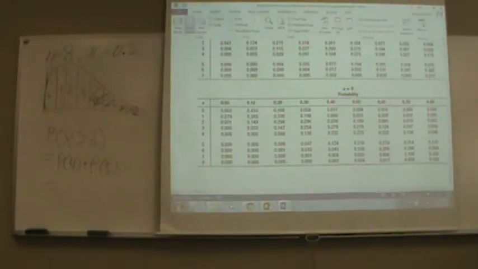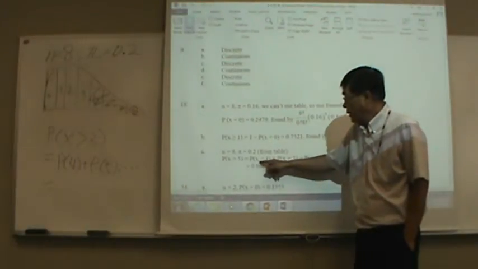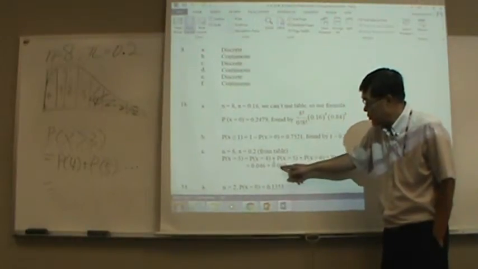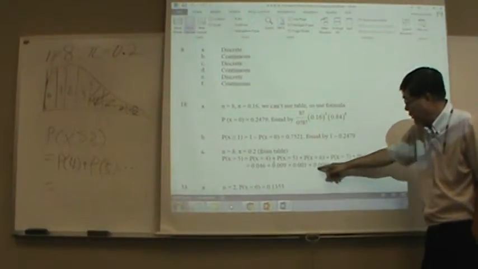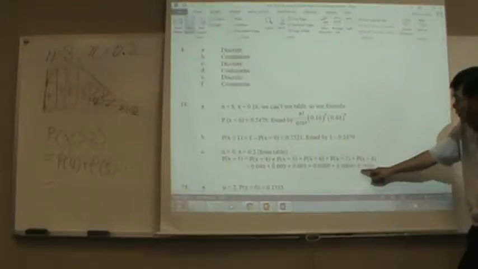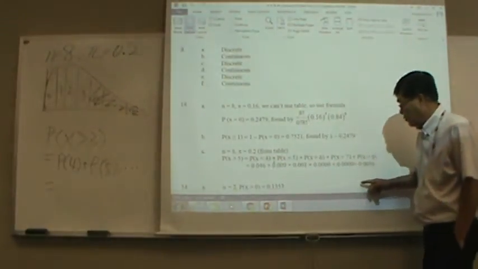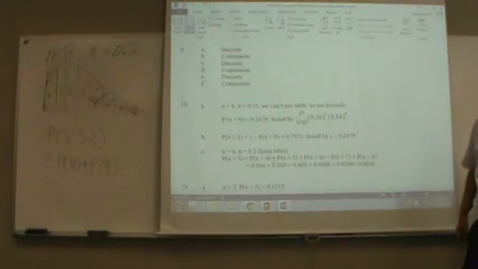Find individual probabilities and add them. Probability x equals 4 is 0.046, x equals 5 is 0.009, x equals 6 is 0.001, and so on. So the probability of more than 3 equals 0.0056, 0.56%.